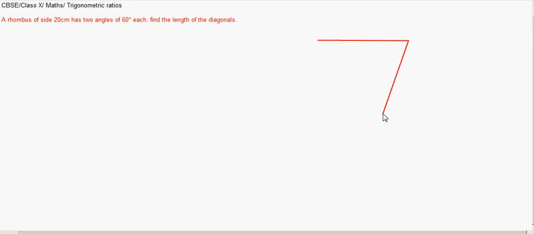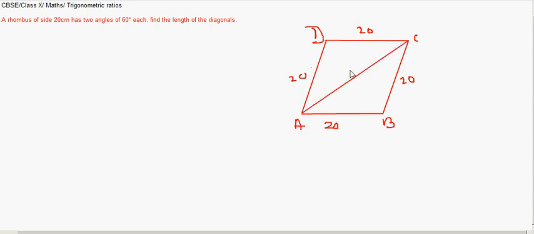Name the vertices. All the sides are 20 centimeter. Two angles are 60. Find the length of the diagonals. The diagonals are BD and AC.